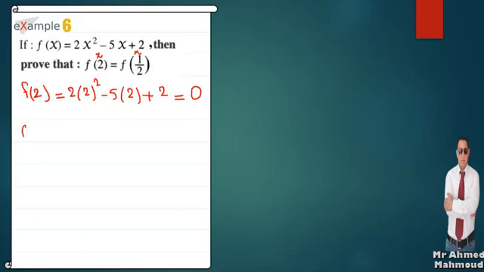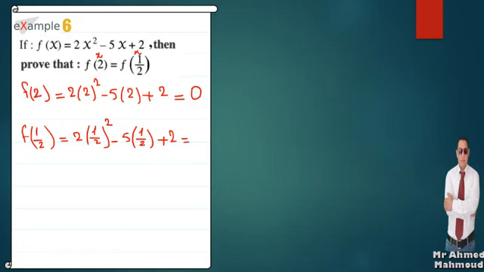And f of half means 2 times open brackets half all to the power of 2 minus 5 times half plus 2.